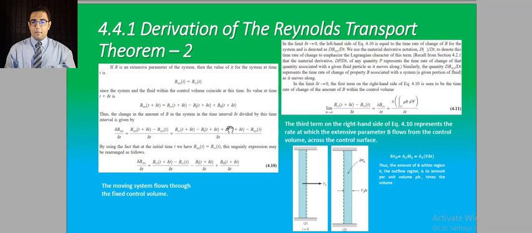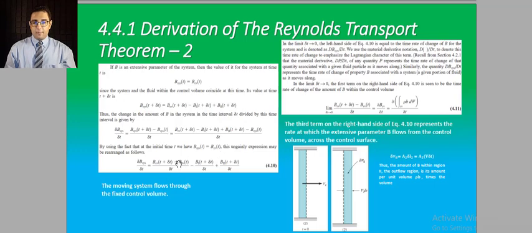It is written as B of the control volume at time t plus delta t, minus the same duration at B1 in region 1, plus that happening in region 2, minus the original situation. If we take a look at Equation 4.10, we can reduce this and change this equation to this.